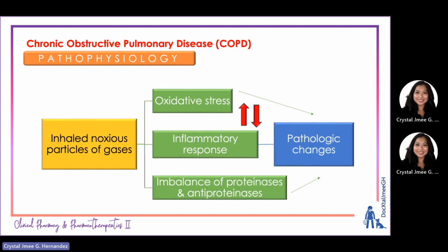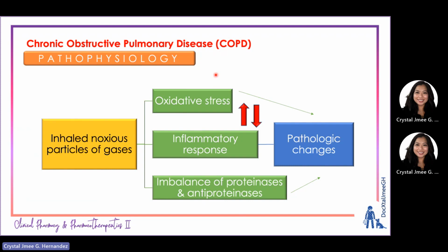Next, let's talk about the pathophysiology of COPD. If we look at the big picture for the development of COPD, it normally begins with inhaled noxious particles or gases. Such inhalation leads to oxidative stress, and can also lead directly to an inflammatory response, or an imbalance of proteinases and anti-proteinases.